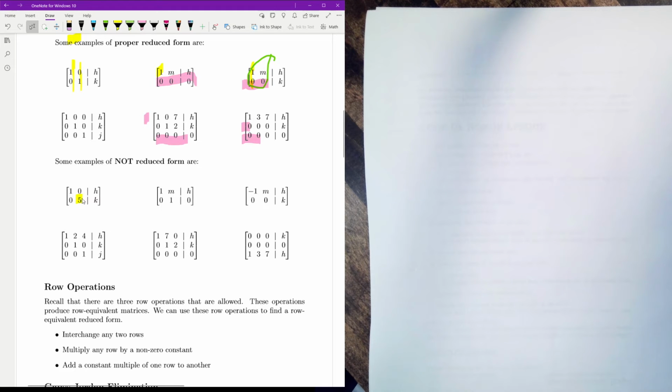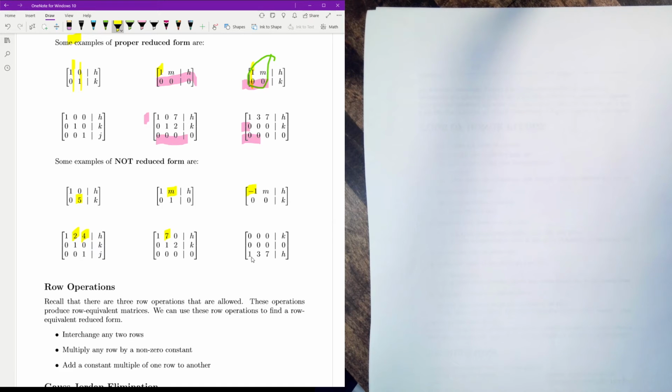It has a 5. This needs to be a 1. This is not reduced form. It has a nonzero entry here. This needs to be a 0. Not reduced form because this needs to be a positive 1, not a negative. Not reduced form. Not all zeros in these columns. Not reduced form. Not a 0.